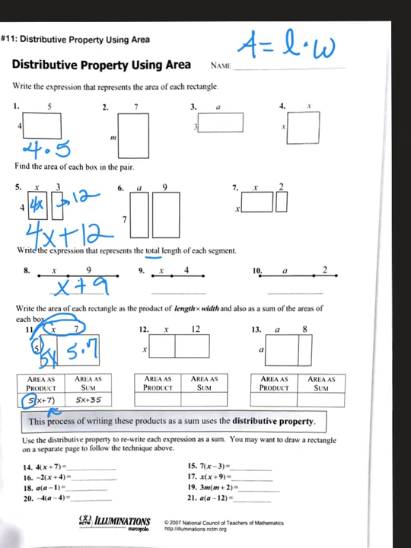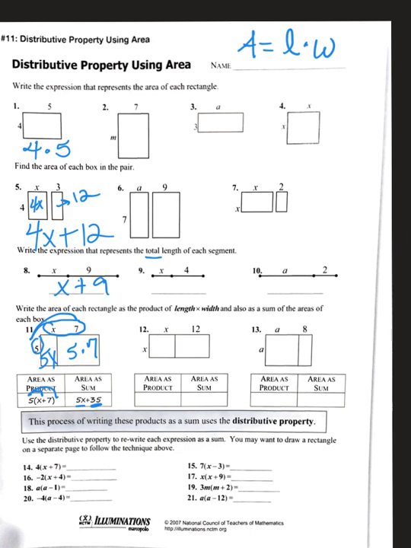So the area of the first little figure is 5 times x. The area of the second little figure is 5 times 7. And we know that because when you do distributive property, wouldn't you do 5 times x to get 5x and then 5 times 7 to get 35?